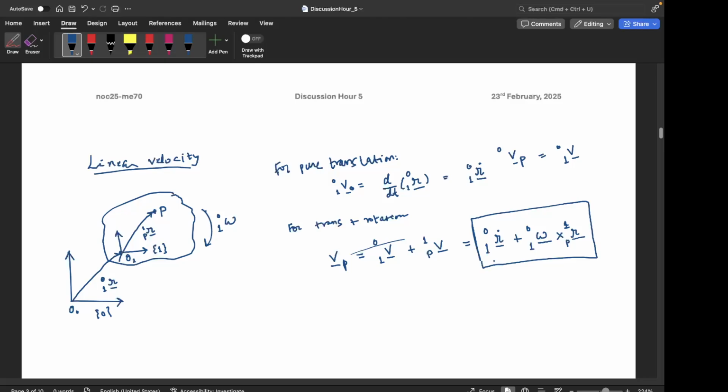And the body is rotating with angular velocity omega, right?